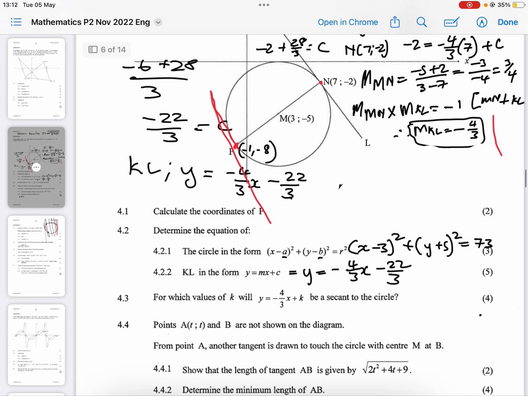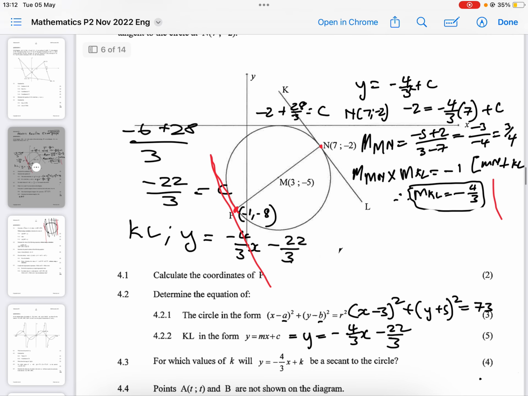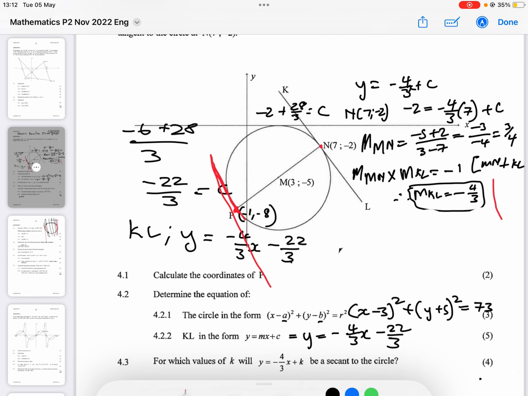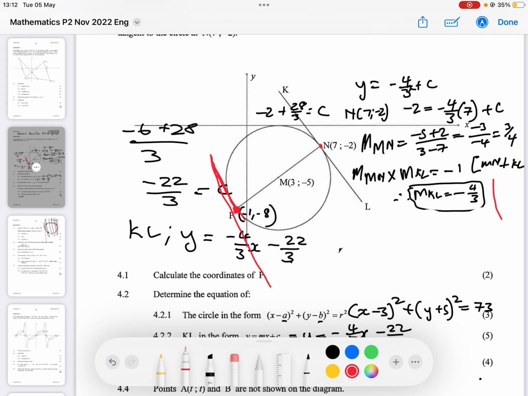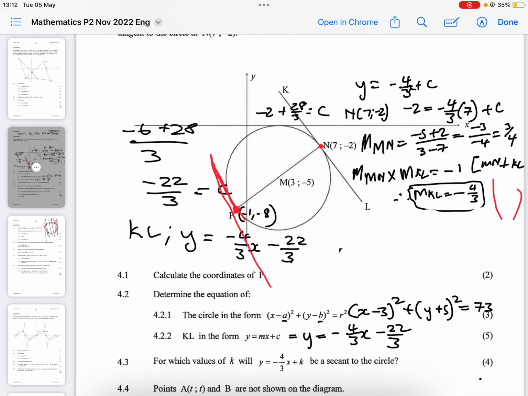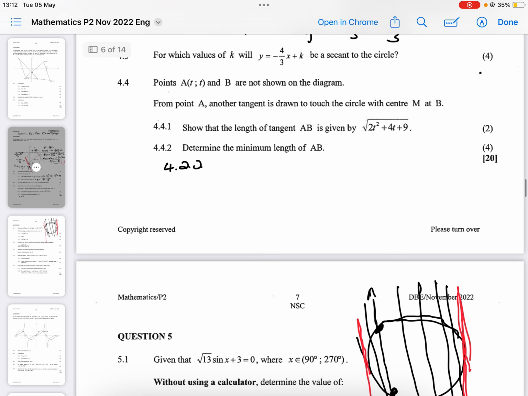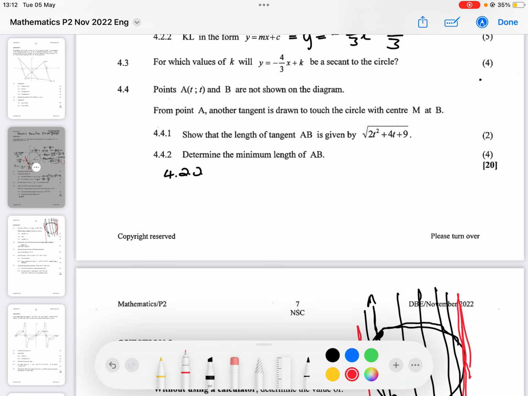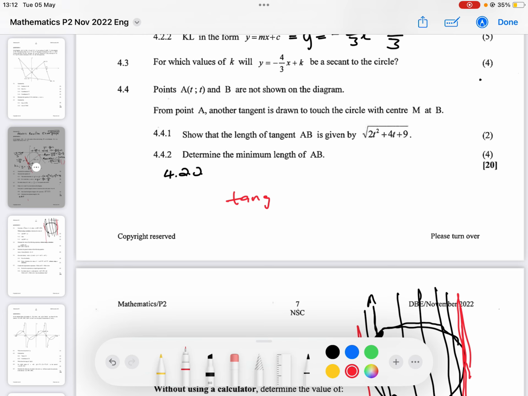The tangent at point P. Now remember, this tangent is parallel to this tangent, and when they are parallel, it means the gradients are the same. You can say tangent at P is parallel to tangent at KL.